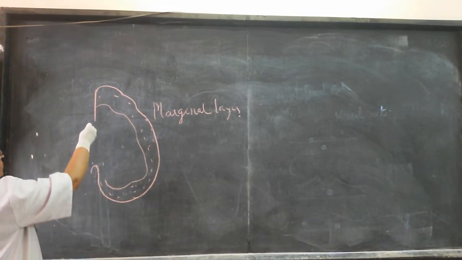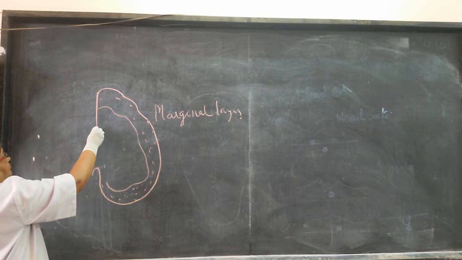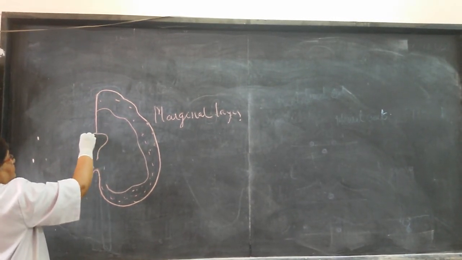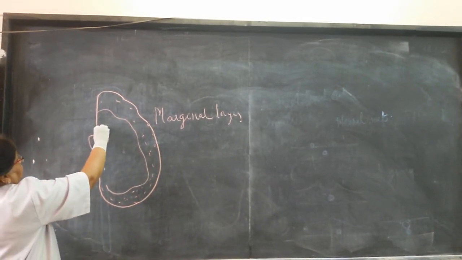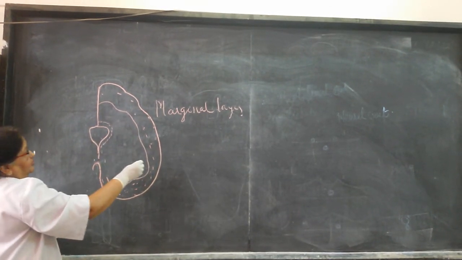Next to it is the mantle layer. This is the central canal. This part is the mantle layer.